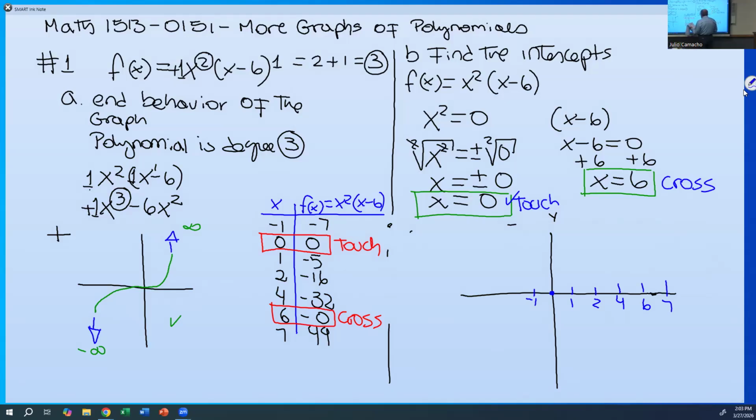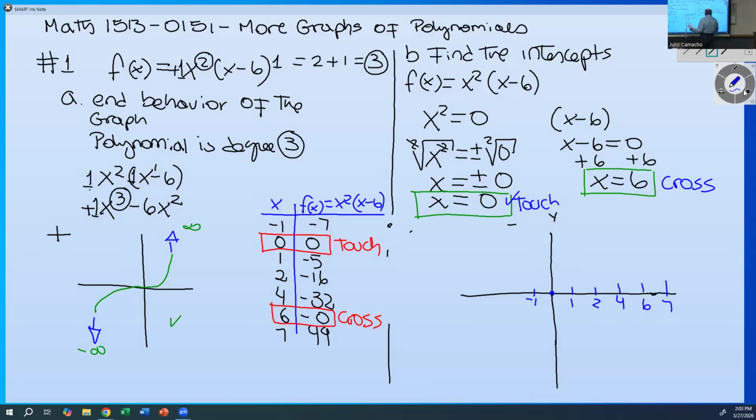And then we have the y values. So the first y value that we have is 0.